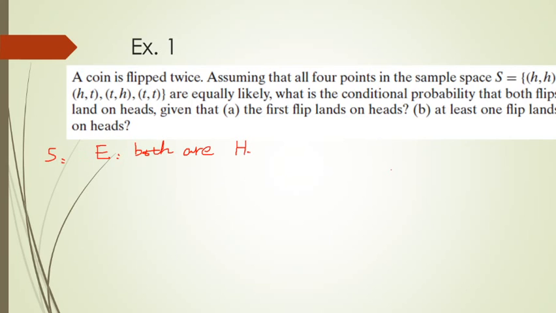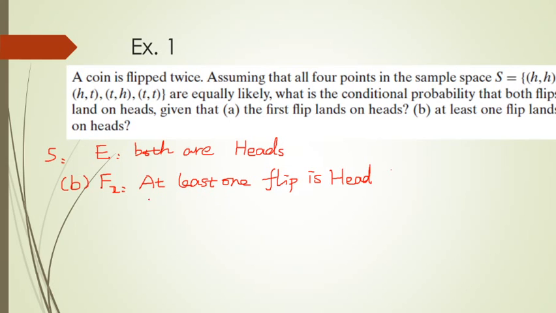We know the probability of E is 1/4, but that is not the question asked. Then we define another event, which we call F2: at least one flip is head.